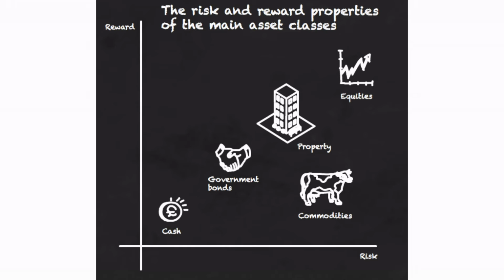Now, the next one to talk about is going to be bonds. A bond is just a debt instrument representing a loan made by an investor to a borrower. A typical bond will involve either a corporation or a government agency, where the borrower will issue a fixed interest rate to the lender in exchange for using their capital.